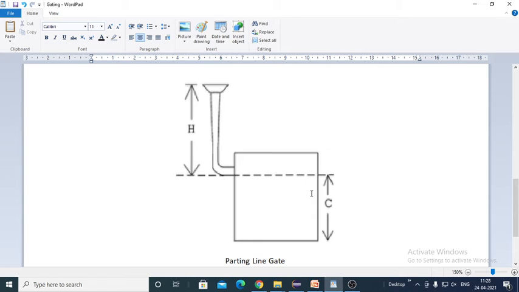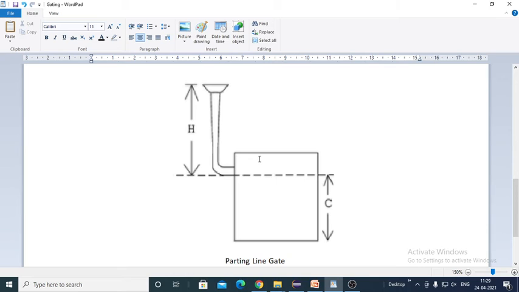Okay. Now let us see the disadvantage or limitation of the parting line gate. If the drag portion of the mold cavity is deep, then this type of gating suffers from mold erosion or air entrapment.